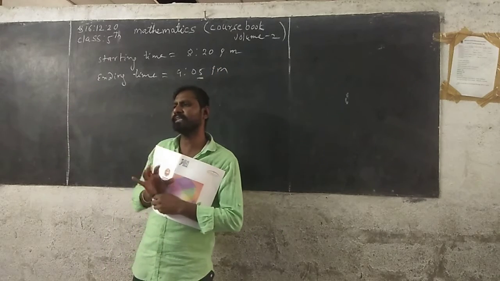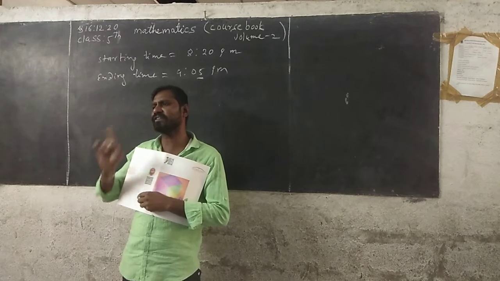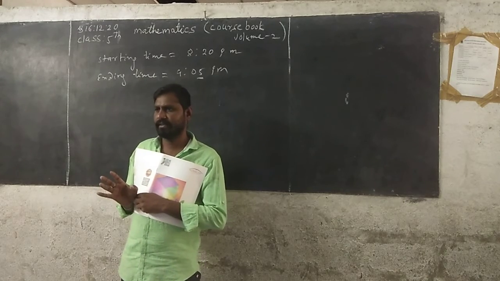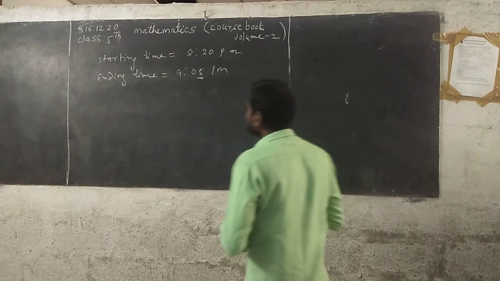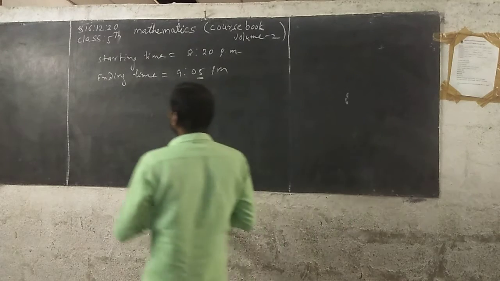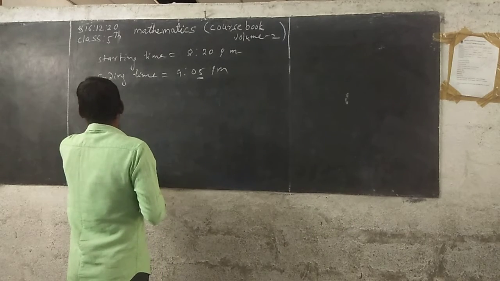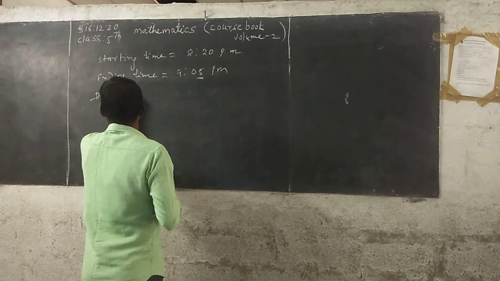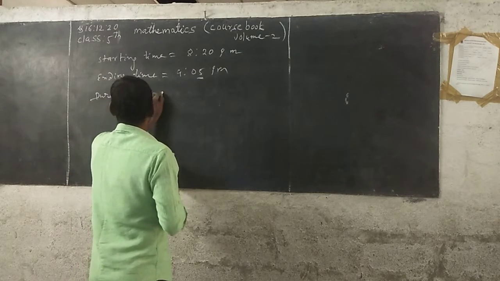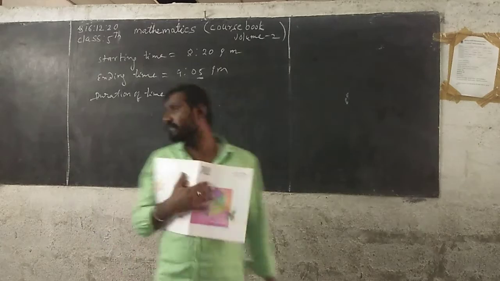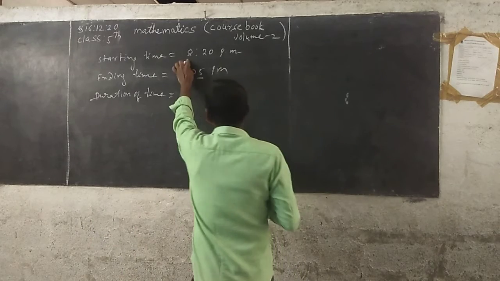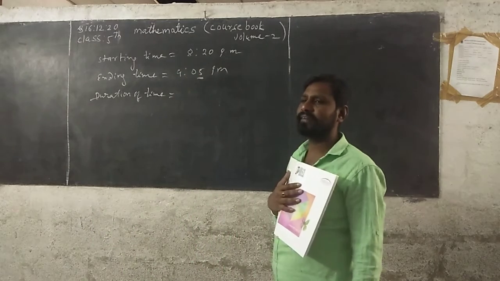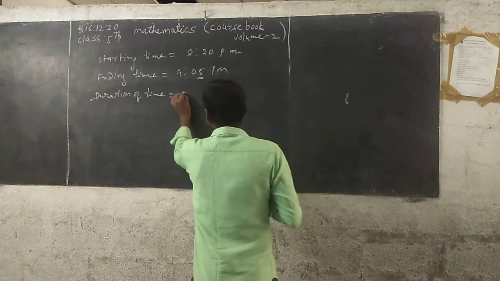For 1 to 9 minutes, everybody write down 01, 02, 03, 04, 05, 06, 07, 08, 09. So here you can find out the duration of time. See here, 8:20 p.m. is subtracted from 9:05 p.m.